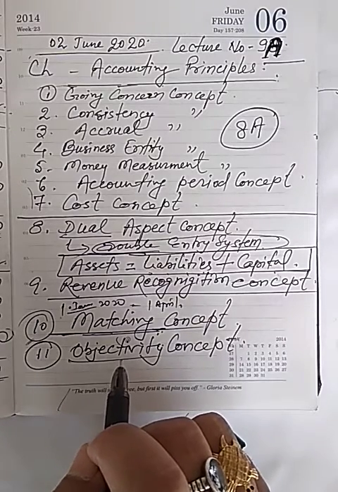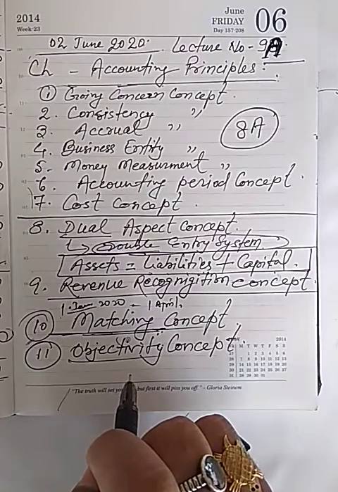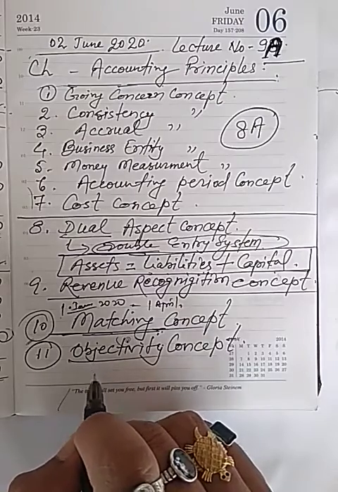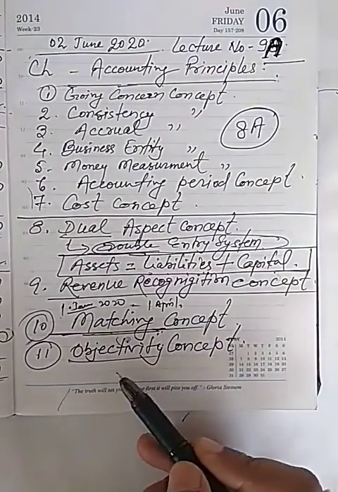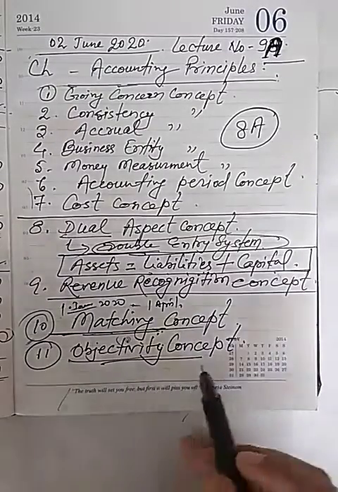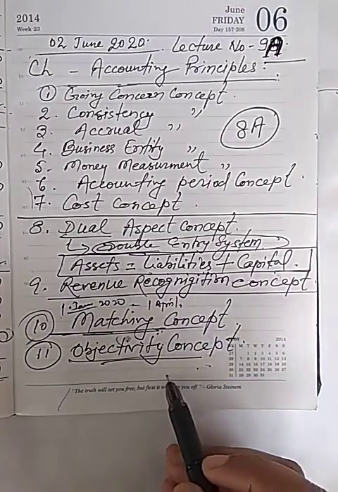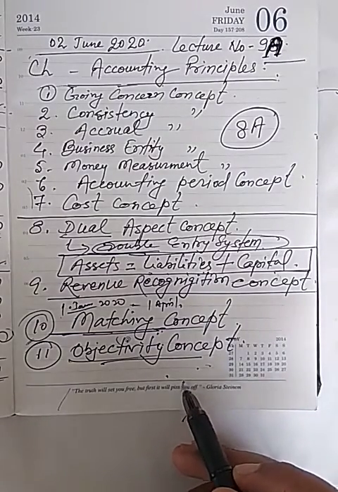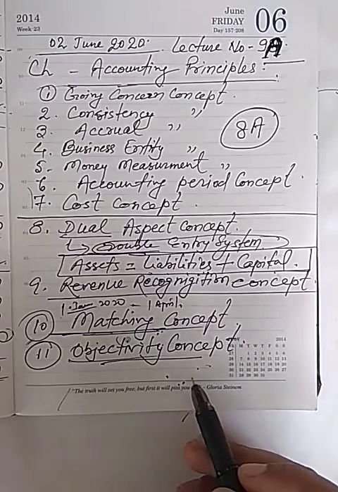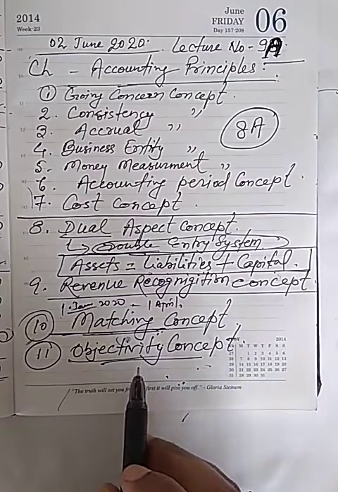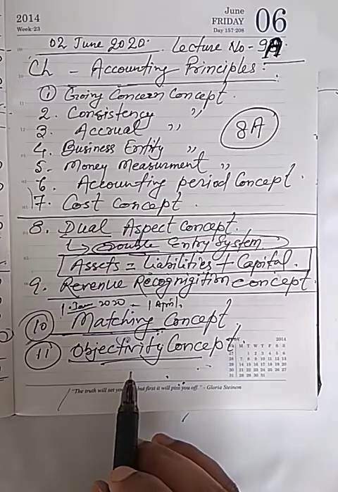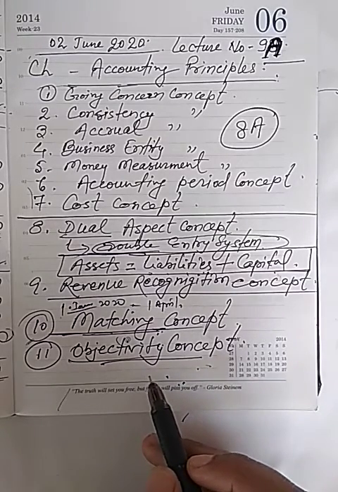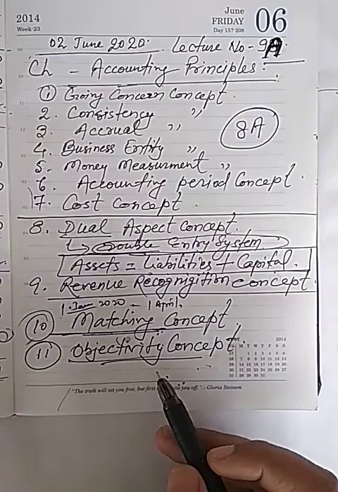For example, when the goods are purchased for cash, the transaction must be supported by a cash receipt for money paid, and if the goods are purchased on credit, the transaction must be supported by a copy of invoice or delivery challan.